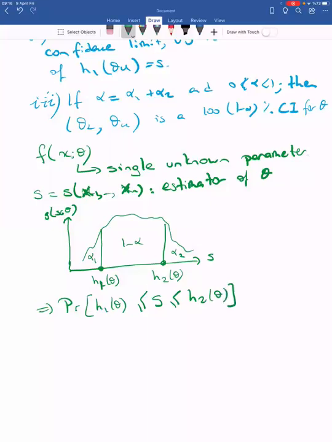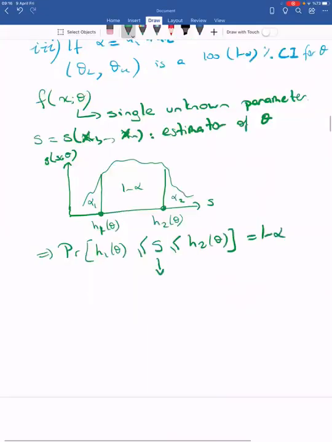This probability is 1 minus alpha. After defining the H1 and H2 functions using the distribution of S, we need to find an interval for theta, say a V1 function of x1 to xn and a V2 function.